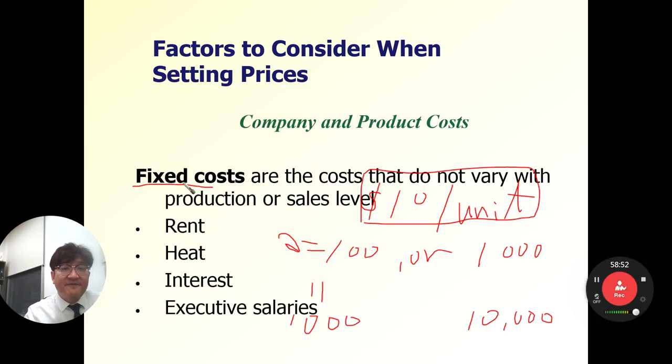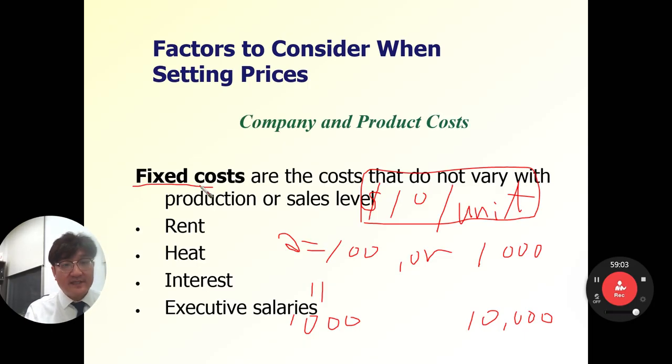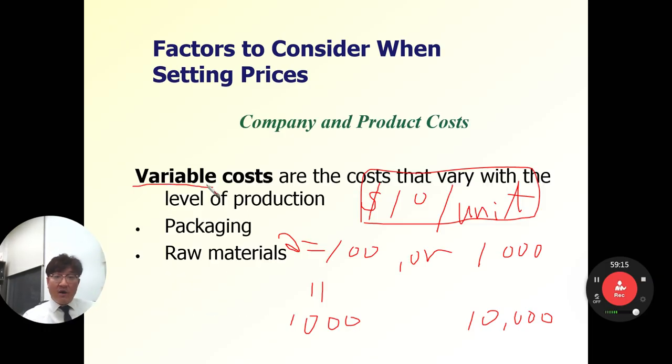So the terms fixed or variable come from the total amount of cost. We can call it fixed cost because total fixed cost doesn't change, right? That is why we call it fixed. But here we call it variable cost because the total variable cost varies with the level of production.